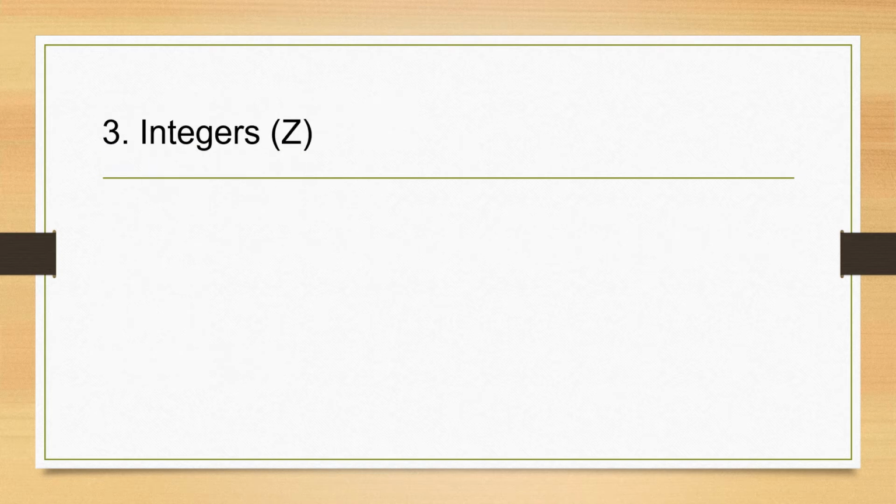Okay, number 3, integers. We use Z to mean integers. So we have here Z with elements, infinitely negative numbers. Pansin nyo to. So that means there are infinite negative integers and infinite positive integers.